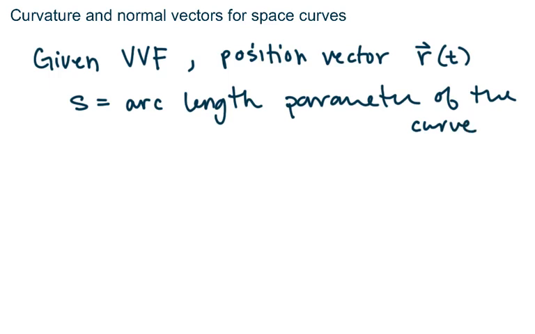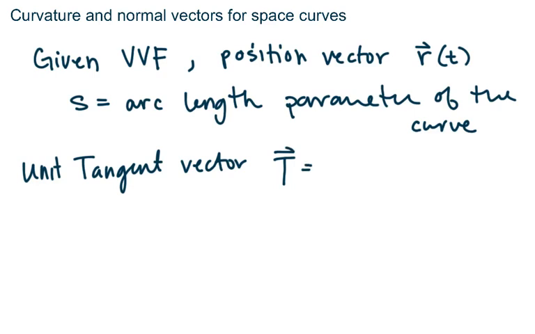We also know we can find a unit tangent vector. We call that capital T, which is the derivative of position with respect to the arc length parameter, or velocity divided by the magnitude of the velocity, those both being vectors as well. We've got information about curvature.